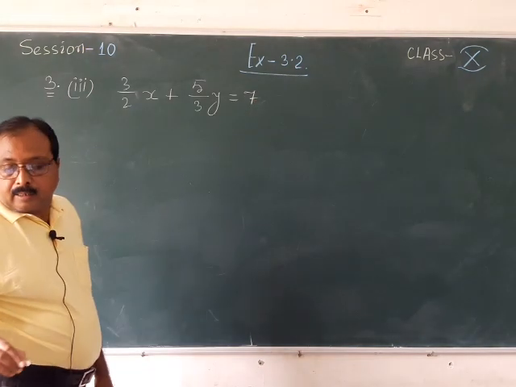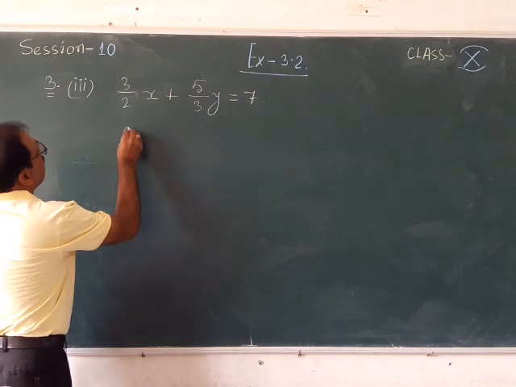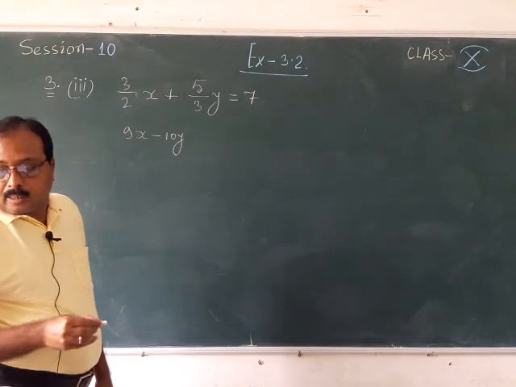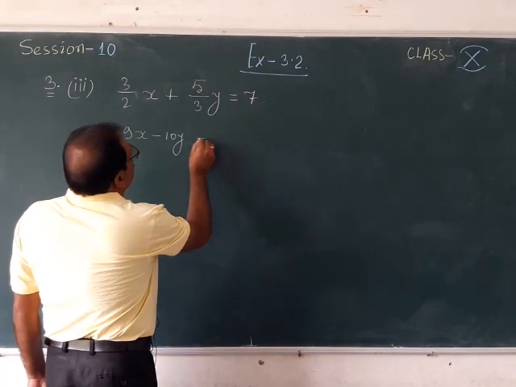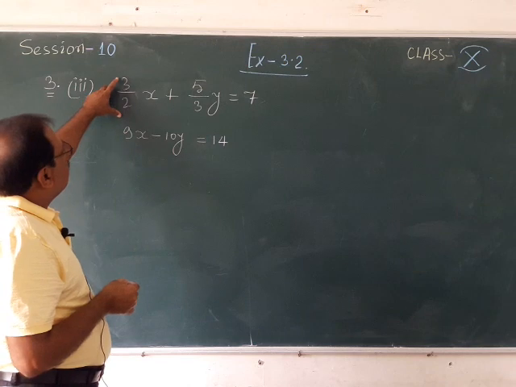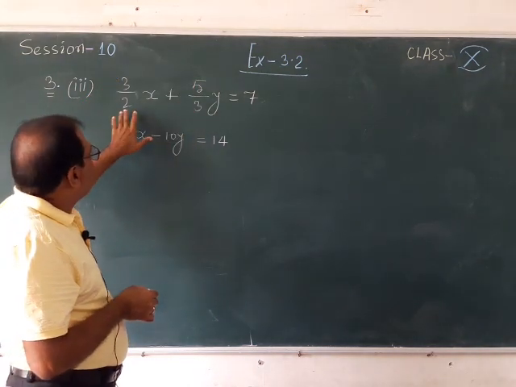And another equation is there, 9x minus 10y is equal to 14. So, what is the problem here? Here you are getting fractional numbers, so you can arrange it. How will you arrange it?